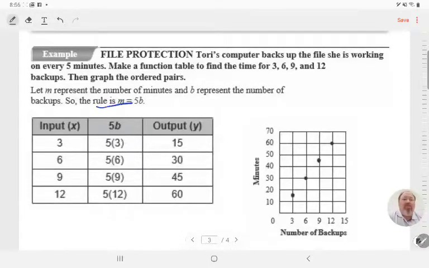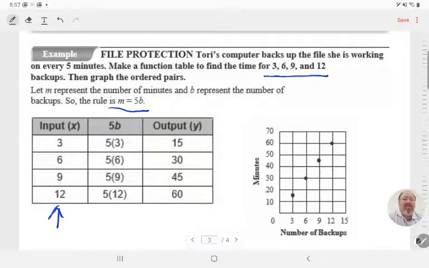So my rule would be M equals 5B, or the number of minutes equals 5 times the number of backups, okay?